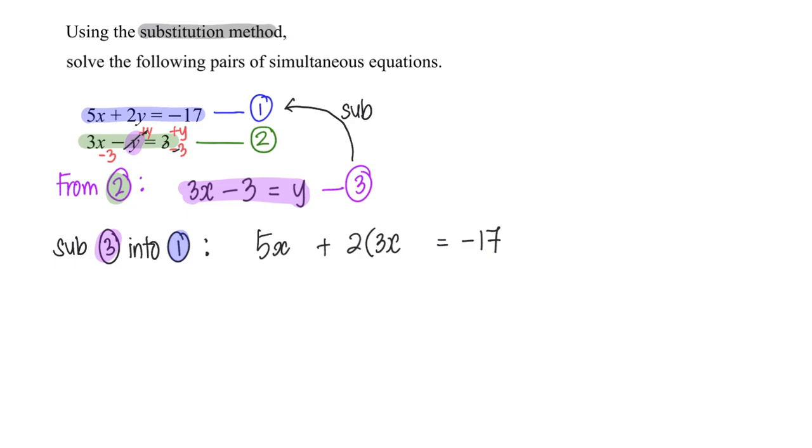Hold on, let me just make sure that I got space for that. And therefore, I can replace or substitute y as 3x minus 3. And once I do that, I will be able to solve this equation easily.